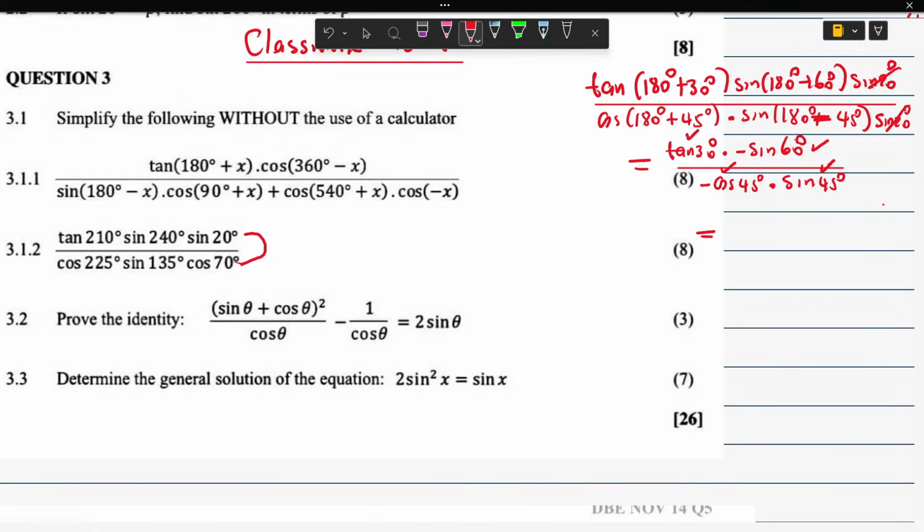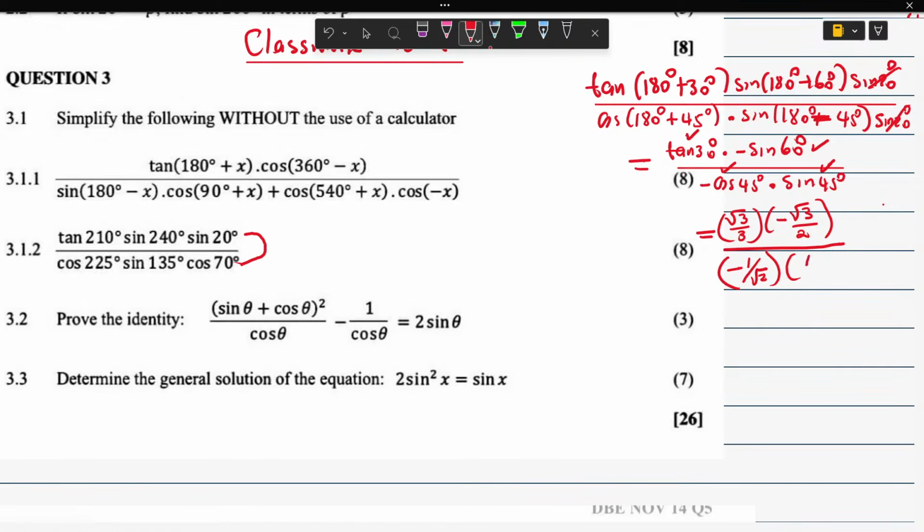Then tan 30 is root 3 over 3, and negative root 3 over 2. Just press a calculator and tell me the final answer, so that we don't waste time. Other schools want you to write root 2 over 1 minus 1 over root 2.